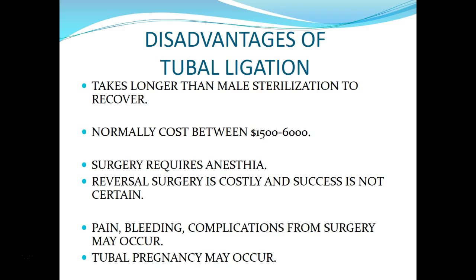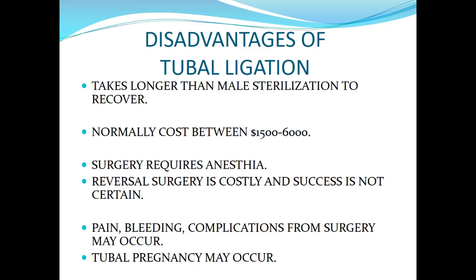But some disadvantages in relation to tubal ligation are that it takes longer than male sterilization to recover, believe it or not. It normally costs somewhere between $1,500 and $6,000 depending on where you go. It requires anesthesia, which is another added cost and another risk for the woman.